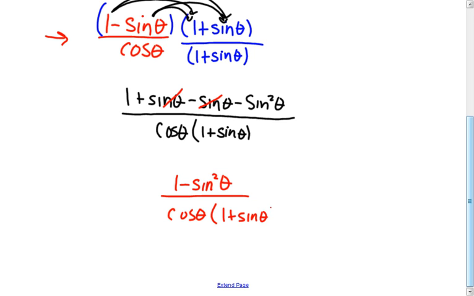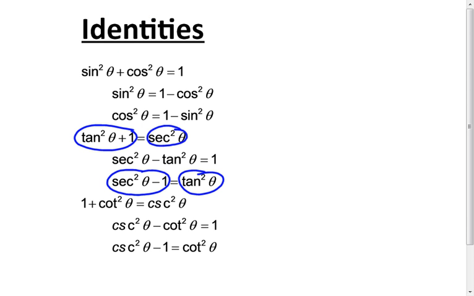And people will get tempted to cancel the ones and one of the sine squareds with a sine. But again, you have to think of those as entire entities, since they're separated by addition and subtraction signs, and you can't cross just part of that entity out. That's not going to work. So you need another strategy. Now, I still have some squares in my equation, which is nice. And when I have 1 minus sine squared right here, that can be replaced with cosine squared.